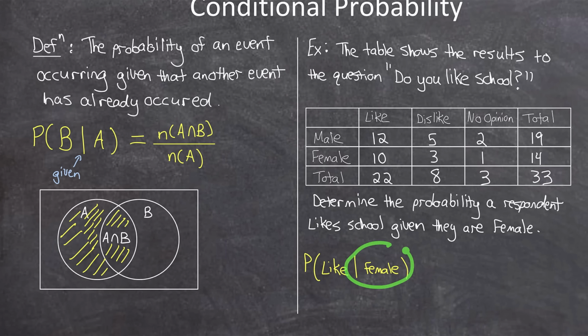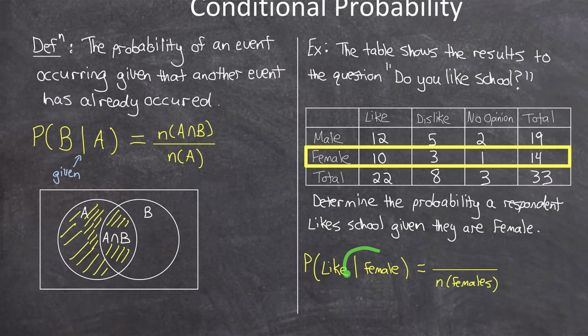Since we are given the respondent is a female, I can shrink the sample space to just be the respondents that are female. So in my probability calculation, I'll be dividing by just the number of females. And since we're given that they're a female, the only way that they could like school is if they like school and are a female. So my numerator is the number of people in the survey that like school and are female.